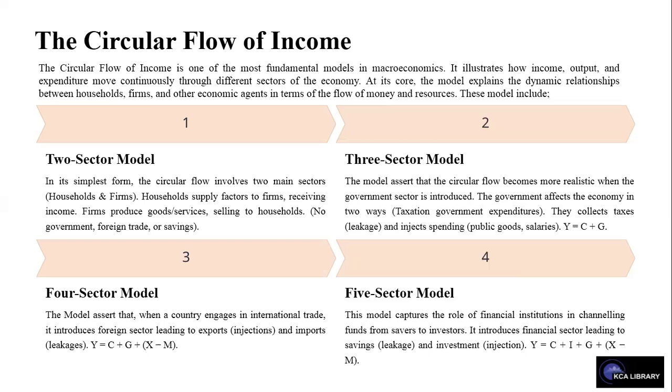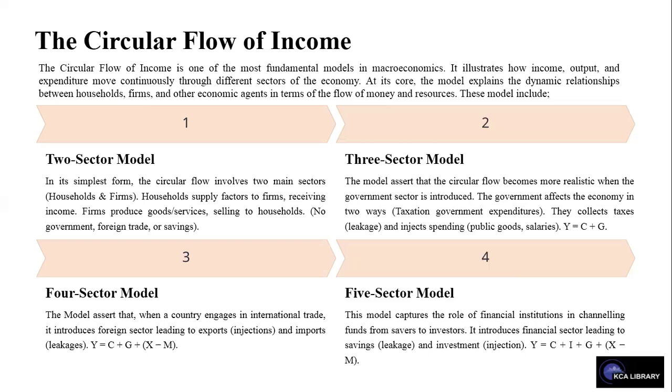They collect taxes, which is known as a leakage, and inject spendings, which is known as the public goods or salary and the likes. Another is the four-sector model, and under this, the model asserts that when a country engages in international trade, it introduces the foreign sector, leading to exports, which is injection, and import, which is leakages. And you can see as it's then denoted in such.